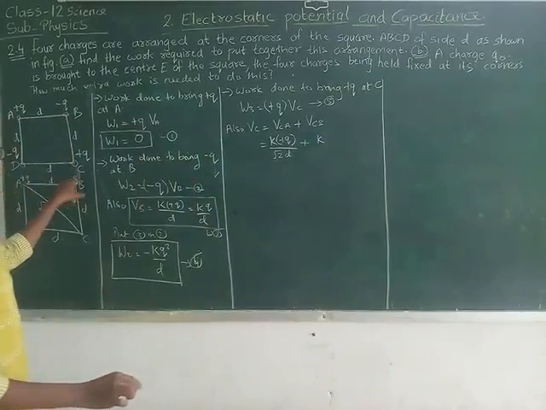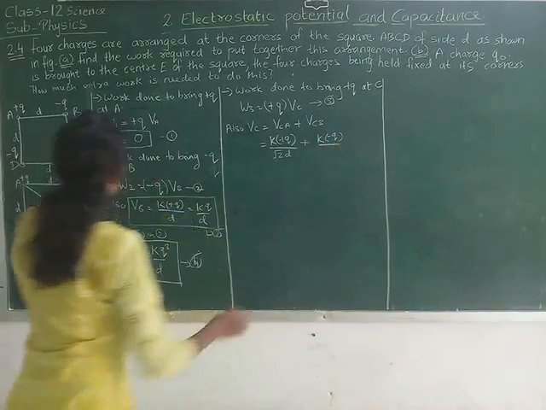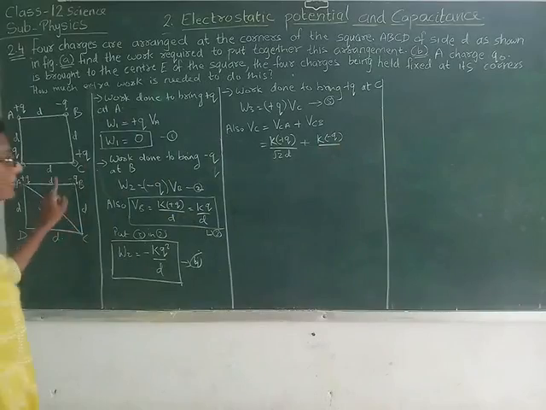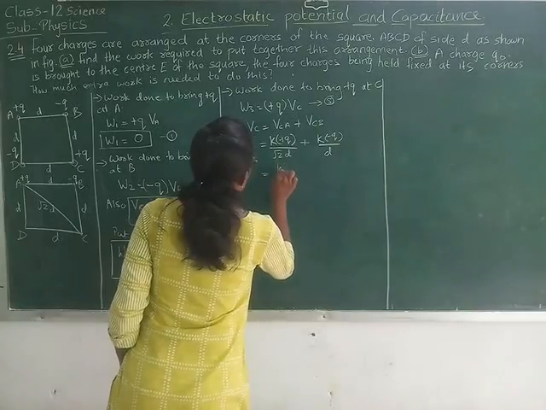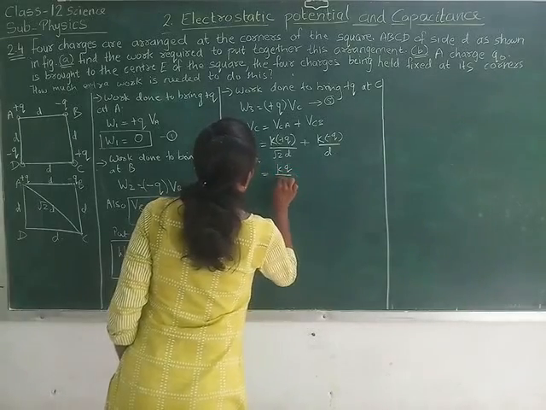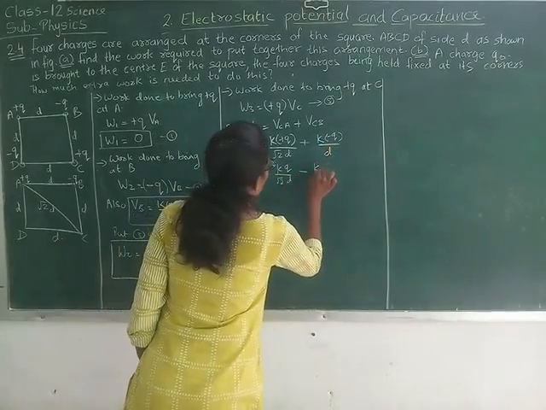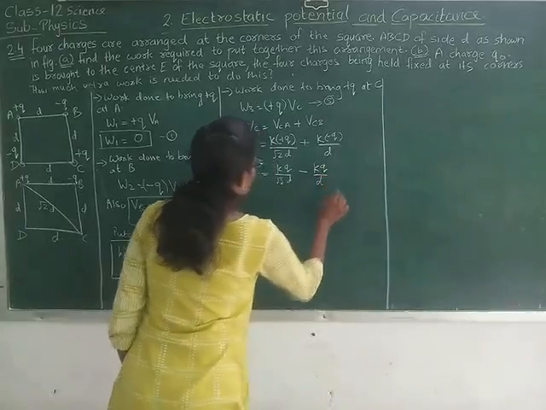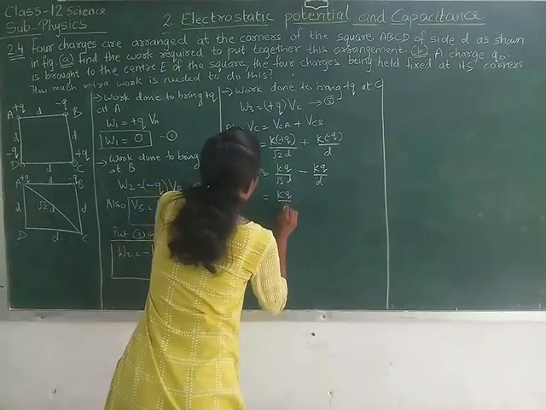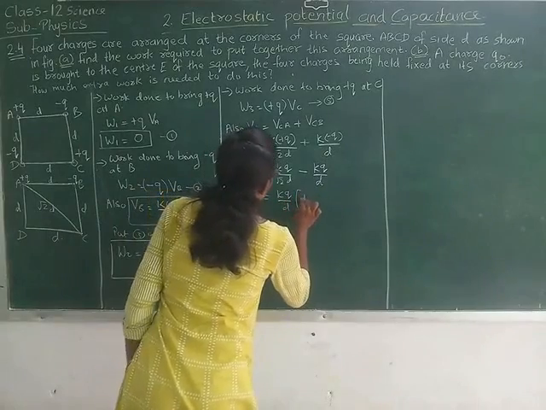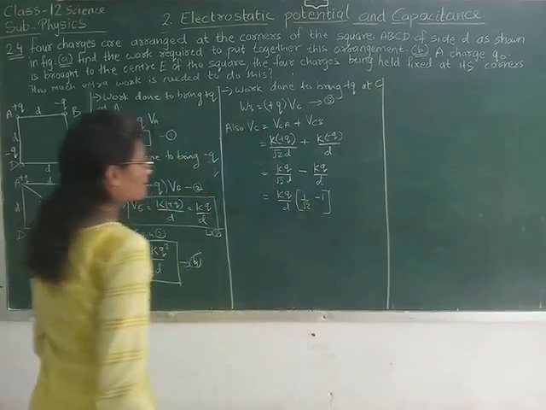K due to minus q charge, so here we need to write minus q upon distance between C and B, that is D. So let us rearrange this. KQ upon root 2D plus minus becomes minus, that KQ upon D, right? We need to take the common KQ by D in bracket 1 upon root 2 minus 1, right?